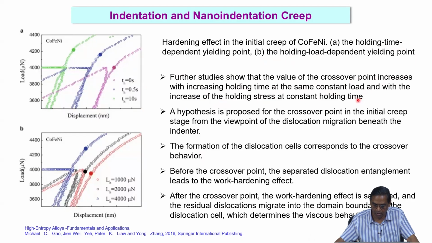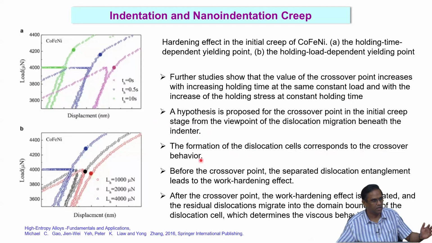You see that there is a clear relationship between them. A hypothesis proposed for the crossover point is that initially, from a viewpoint of dislocation movement under the indenter, there is a formation of cells. So you see that now we are coming to what is actually happening in the material.